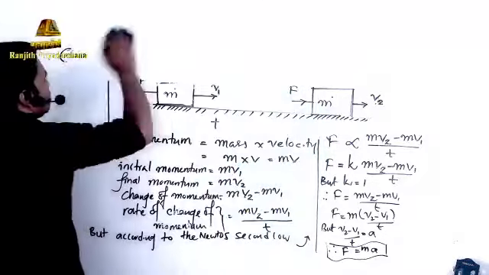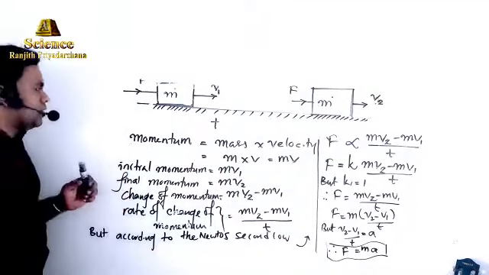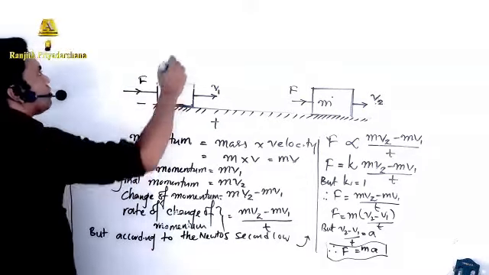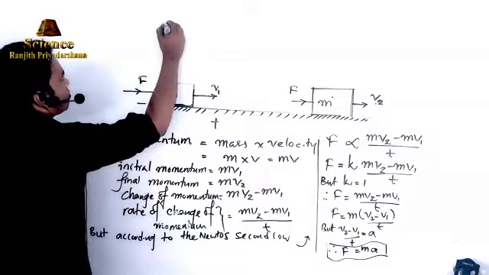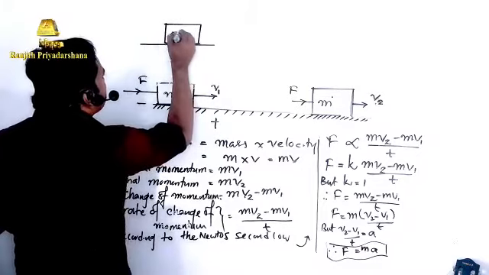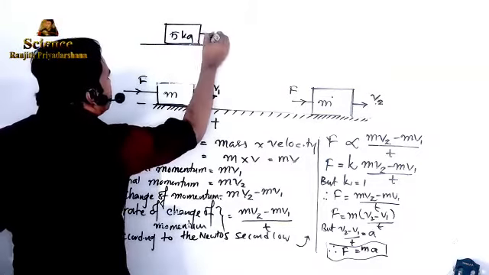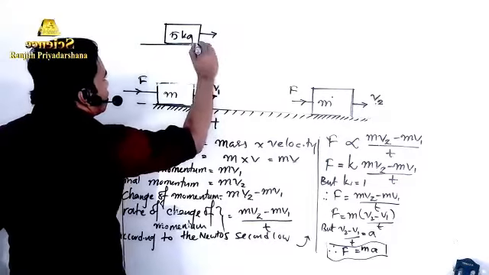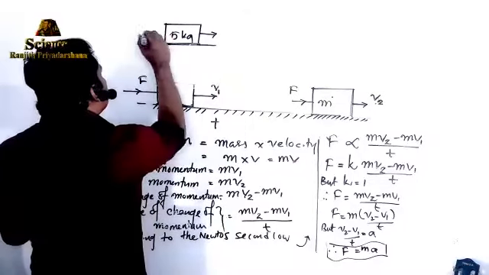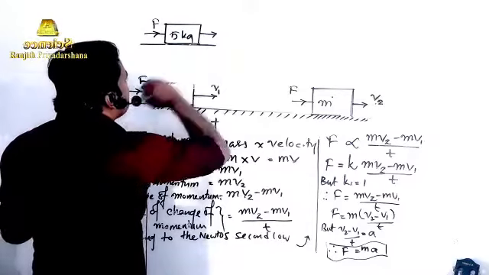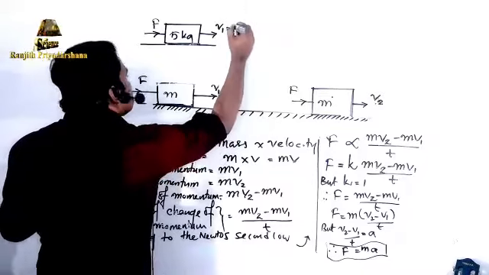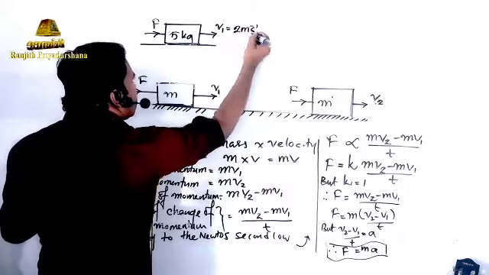Okay, simply now you can calculate the exerted external unbalanced force magnitude. If the mass of an object is given as 5 kilograms and it is subjected to the external unbalanced force F, its initial velocity V1 equals 2 meters per second.